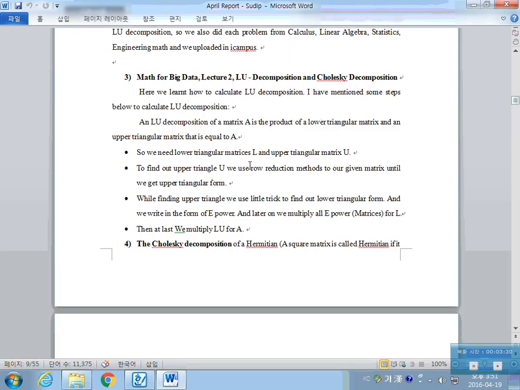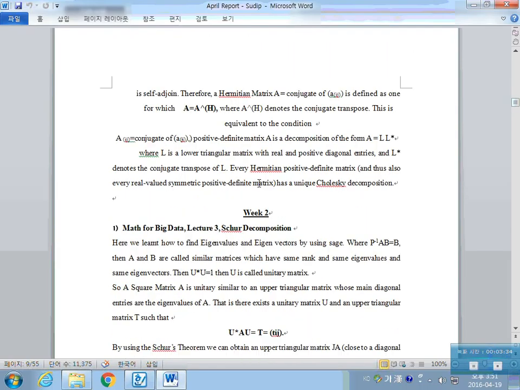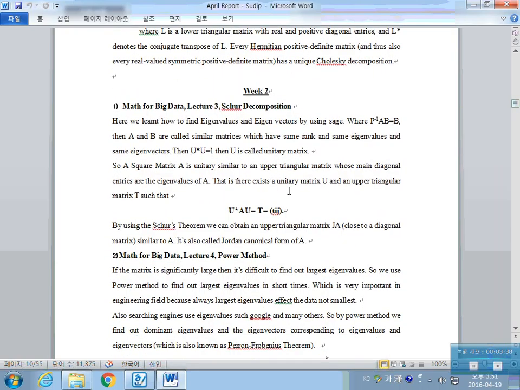That is the main idea of LU decomposition, which I would like to go into more in week 2.